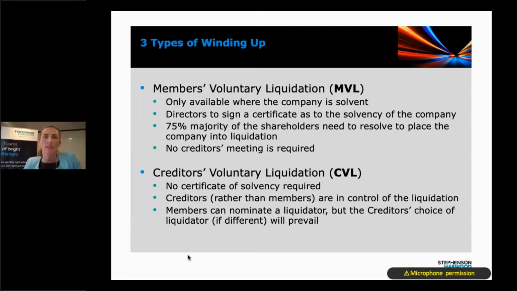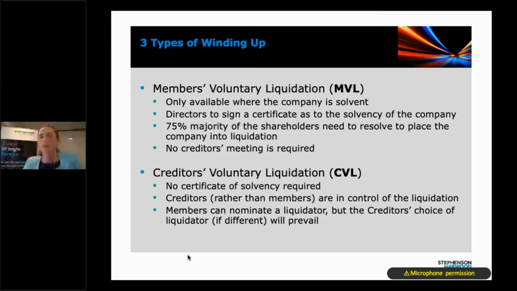Now, if a director signs that certificate without reasonable grounds, they are liable to a fine or imprisonment. And you find when you talk to directors about this, it really focuses their attention and they can be quite hesitant to sign a certificate. Also, later on, if it turns out creditors couldn't be paid within that time, it would be presumed that they did not have reasonable grounds.